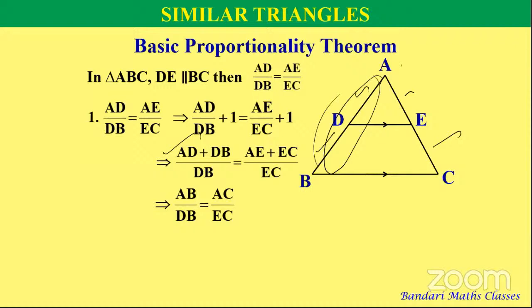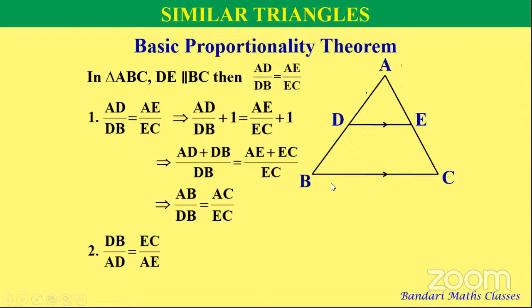This is a sub-theorem of the basic proportionality theorem. AB means the whole side, and AC is the whole side. AB by DB is equal to AC by EC. If we reverse the ratio in statement 1, AD by DB equals AE by EC, we write the reciprocal: DB by AD is equal to EC by AE.